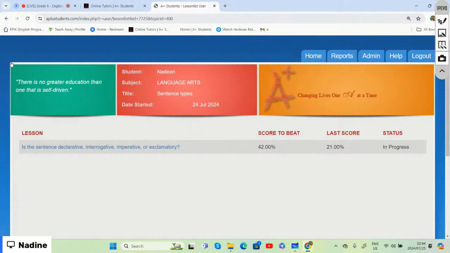A declarative sentence basically just tells you something. It's like making a statement, and it ends with a period. Our interrogative sentence is like asking a question, and it ends with a question mark.